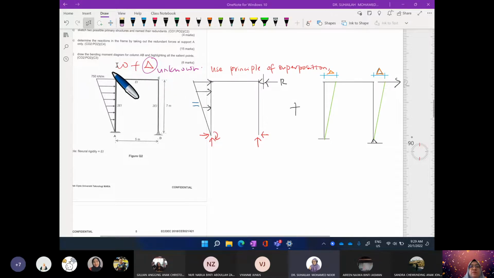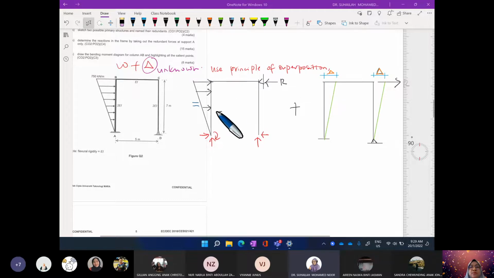So we have to divide this into two diagrams. We want a frame with only W and we want a frame with only delta. So how to do this? We will actually divide this into two diagrams by using the principle of superposition.